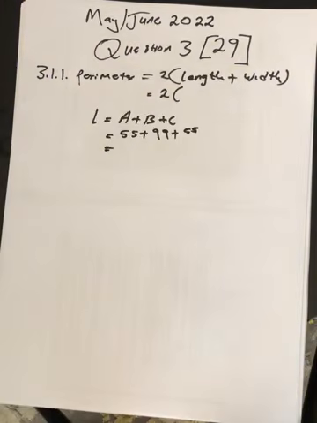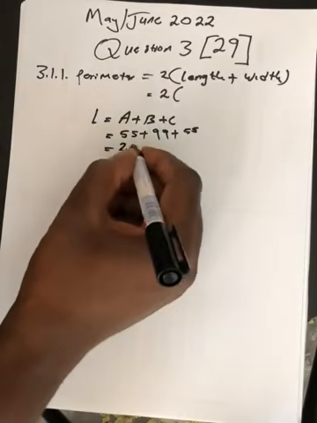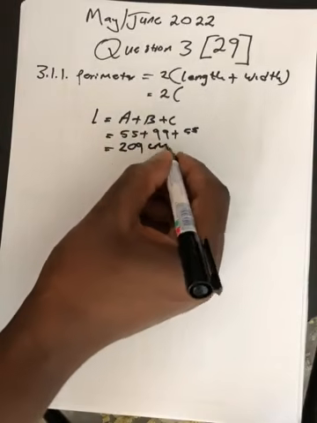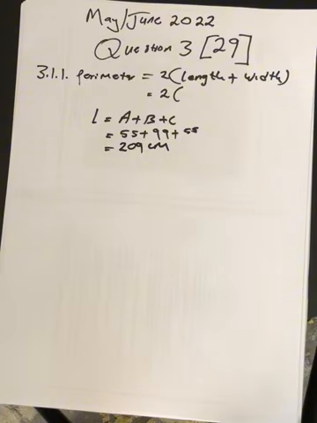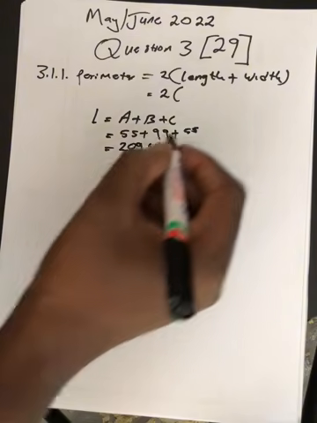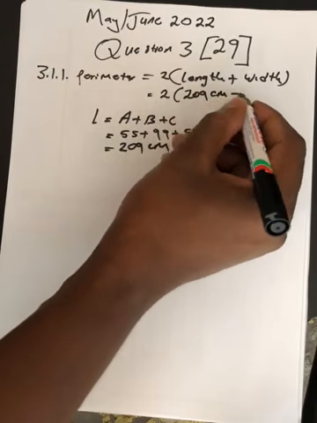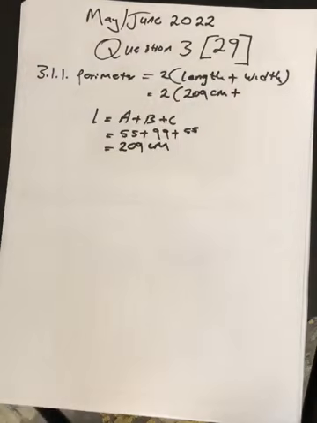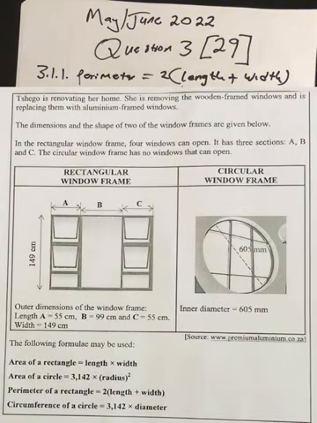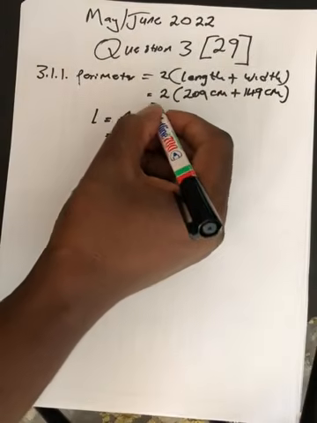Then our total length, if you use a calculator there, you'll find that is 209 centimeters. So we are going to replace length by 209 centimeters. We're gonna say 209 centimeters plus our width. Let's look at our width is 149 centimeters. Then you close the brackets.